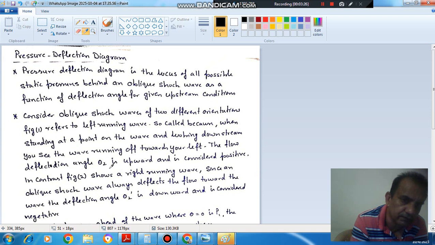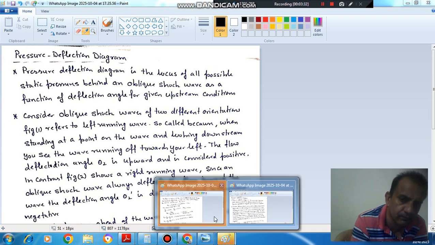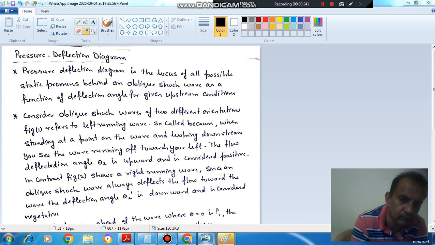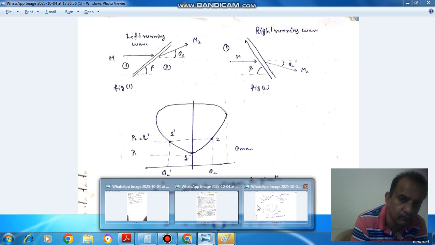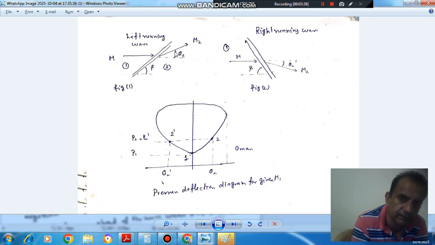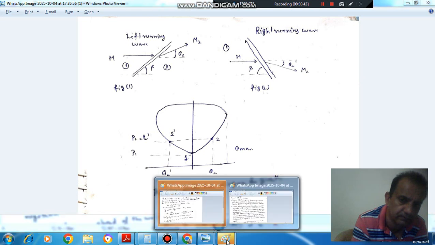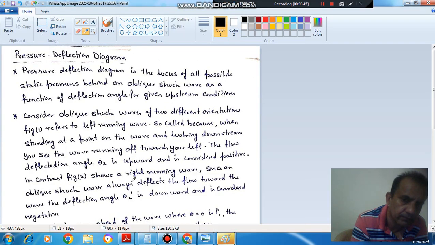The flow deflection angle theta 2 is upward and is considered positive. That's why we have drawn it in this part.